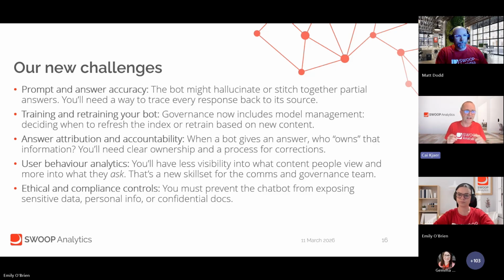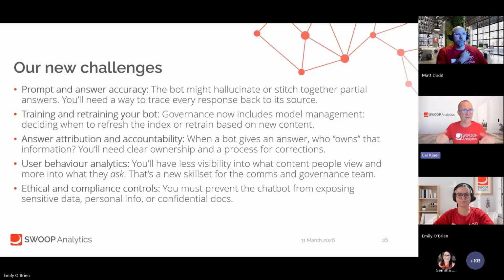And that comes back also to this thing about training and retraining the bot. What happens if someone changes the bot from running, I don't know, GPT 5.2 to Claude or Sonnet or something else, and suddenly the answers are slightly different? It might prioritize these search indexes differently. When are we going to retrain on the new content?